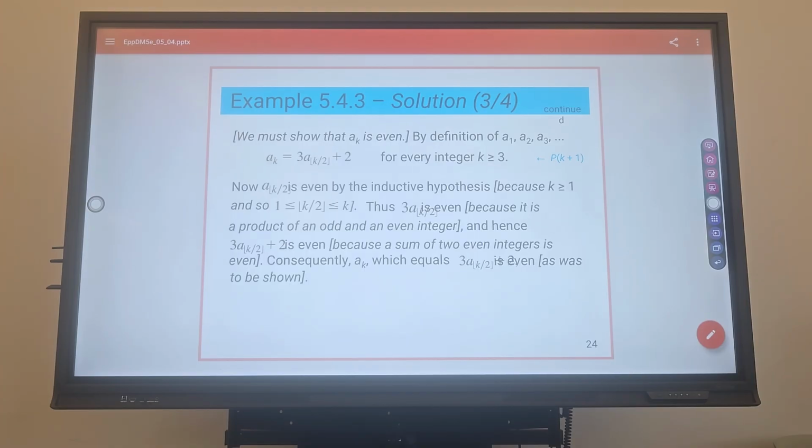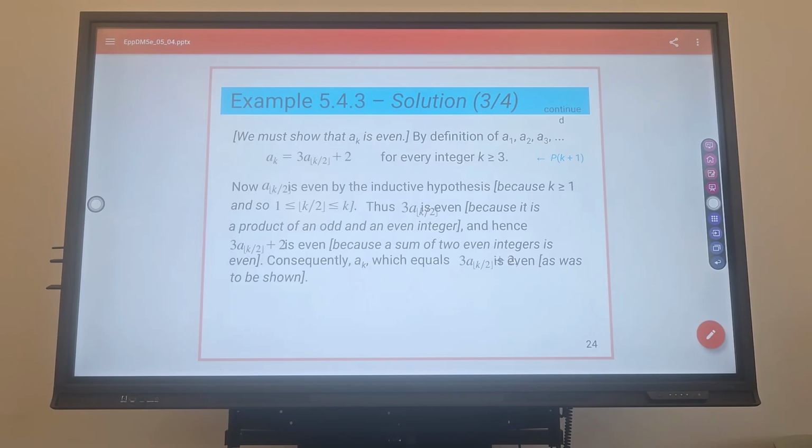Well, by the definition, we have this. Now, a sub floor of k over 2 is even by the inductive hypothesis because 1 is less than or equal to the floor of k over 2, which is less than or equal to k.